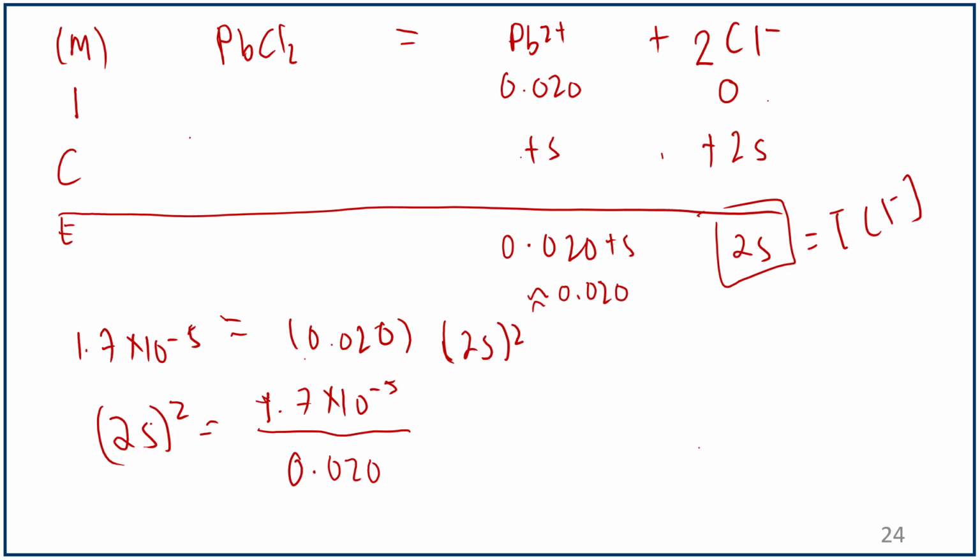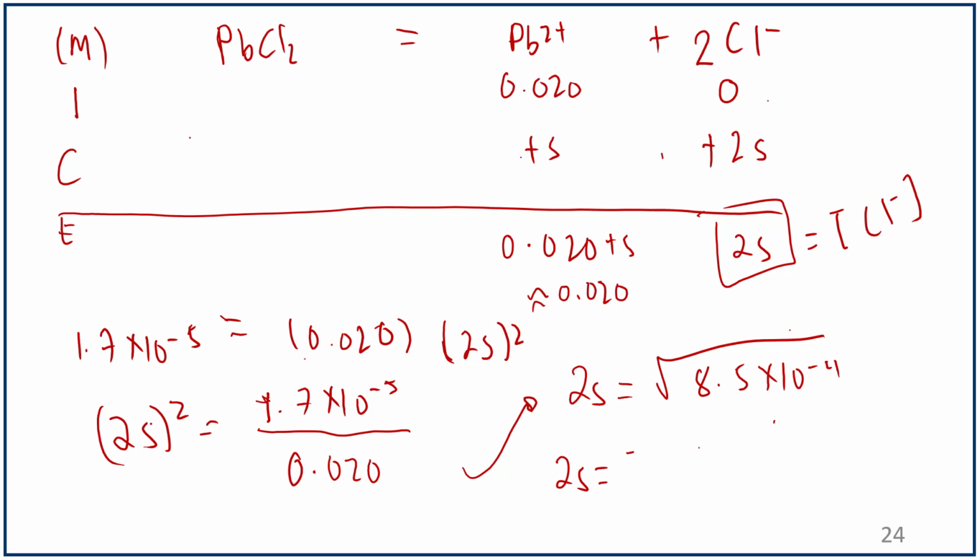And if we take the square root of both sides, we get 2S is equal to the square root of 8.5 times 10 to the negative 4, and therefore the value of 2S, which is the concentration of chloride ions, should be 0.029 molar.